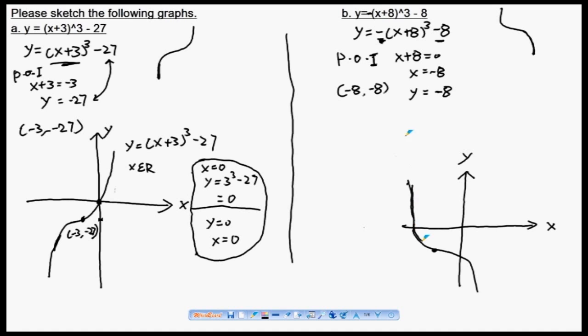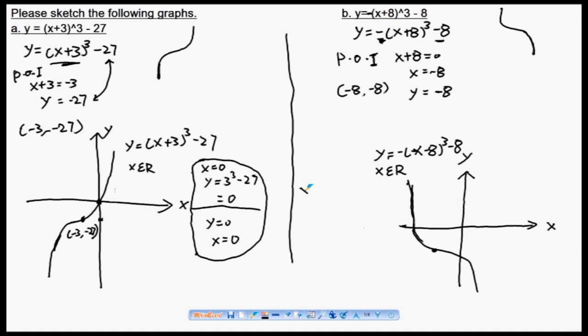The graph would look like this. And don't forget to label the domain, which is x belongs to R. We have an x-intercept and a y-intercept, so we try to find both intercepts.